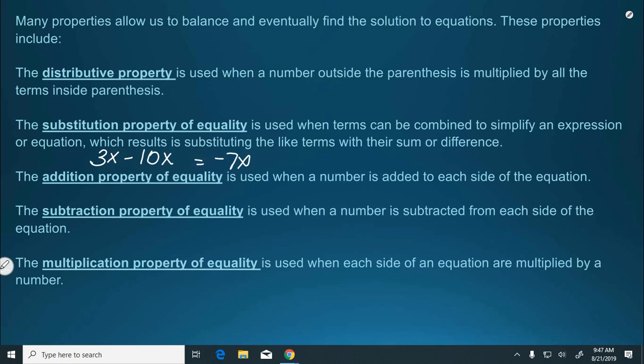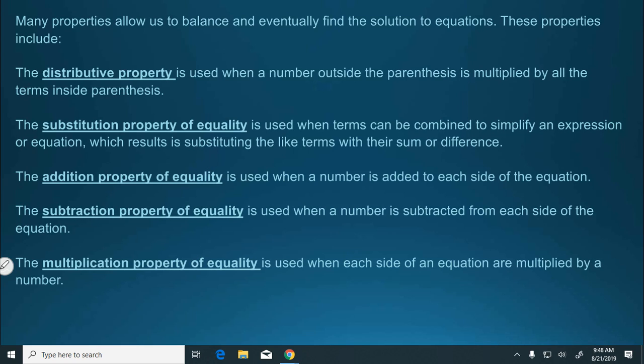If you have negative 12x plus 20x, that can be changed to positive 8x. If you have constant terms like 12 minus 17, then that can be substituted for negative 5. So it's just putting together the like terms.